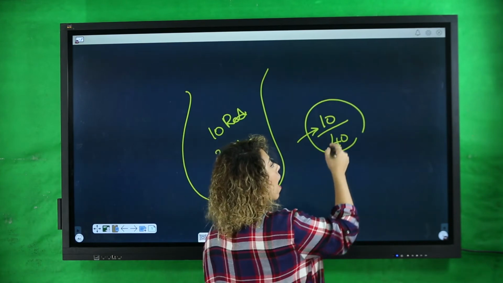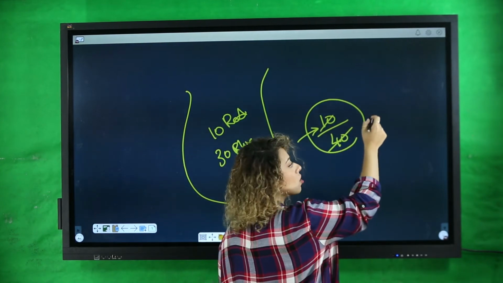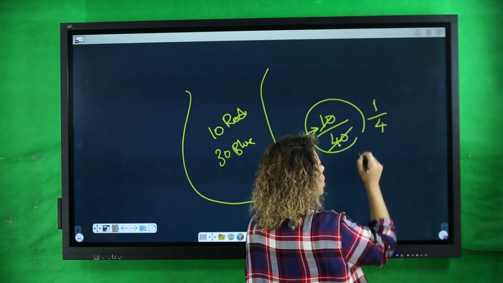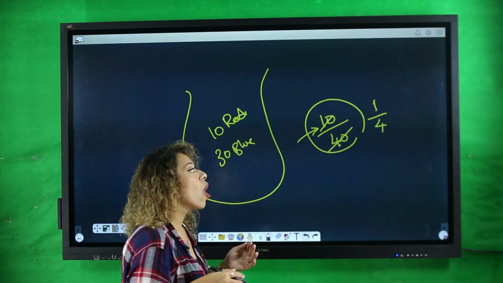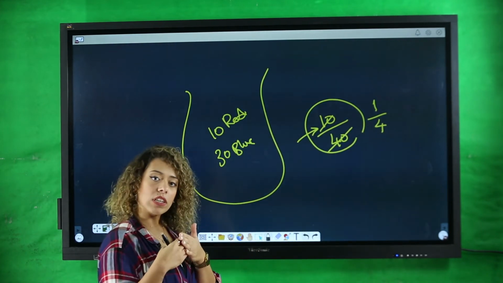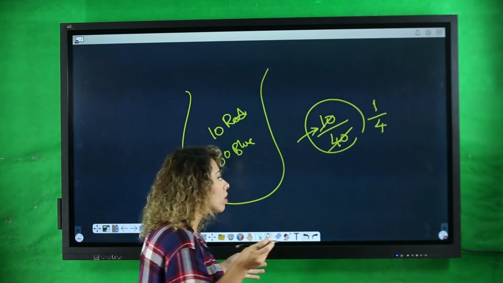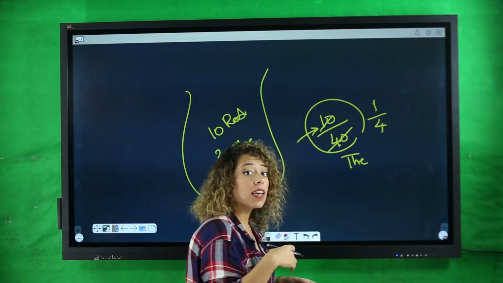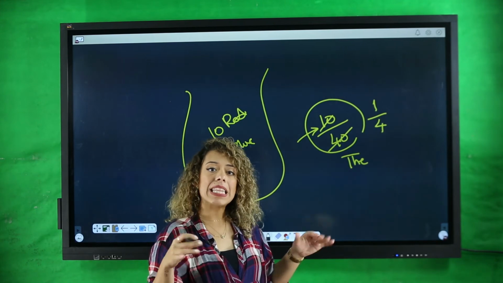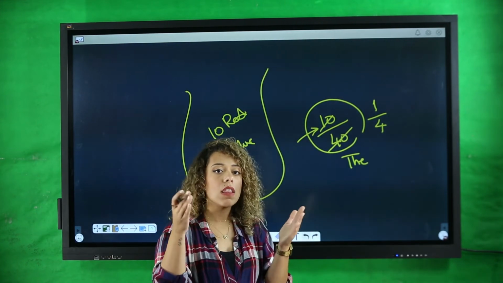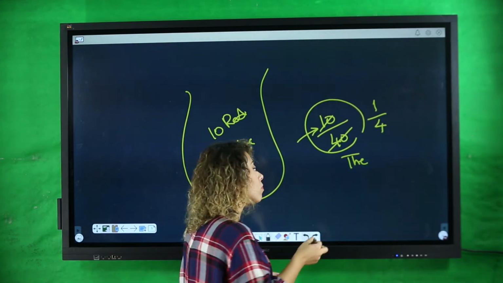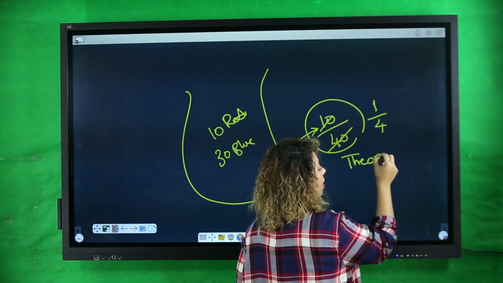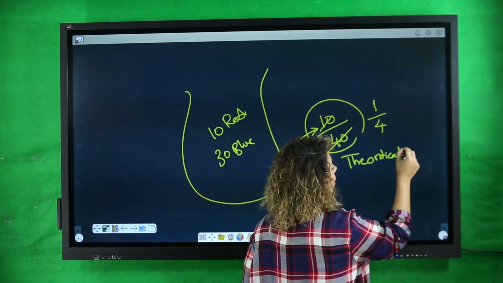And with further simplification, it will be 1 out of 4. So my probability is a quarter. This is called the theoretical. I haven't tried to pick it out. So this is what it should be. This is what math says. So this is the theoretical probability.